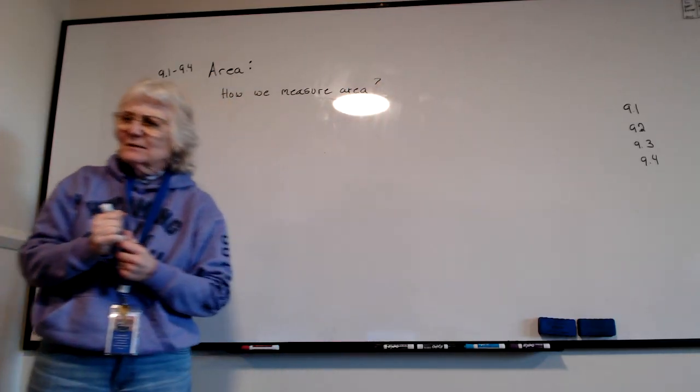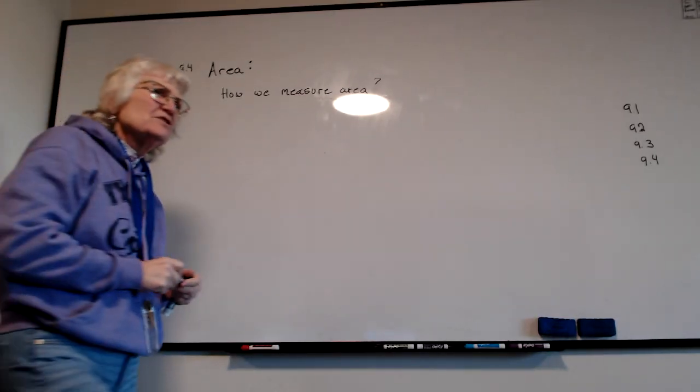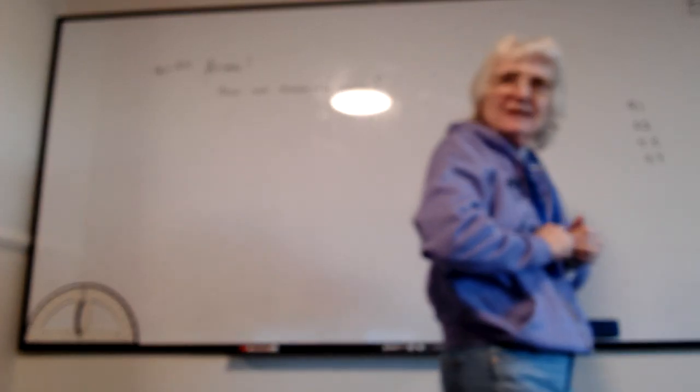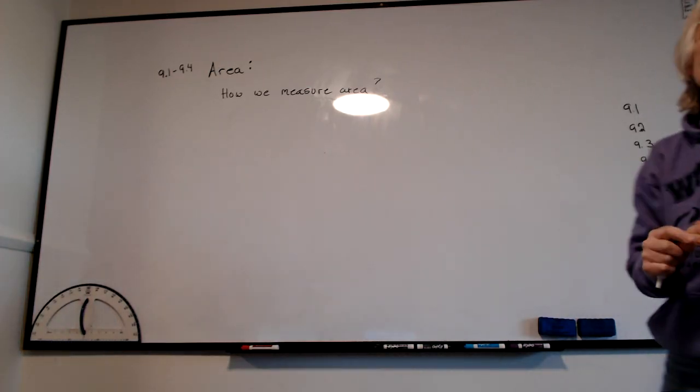Okay. Somebody tell me, from what I talked about, what are we actually doing when we're measuring area? Yes. Seeing how many squares fit in it. Yeah, seeing how many squares of a specific size fit within the shape.